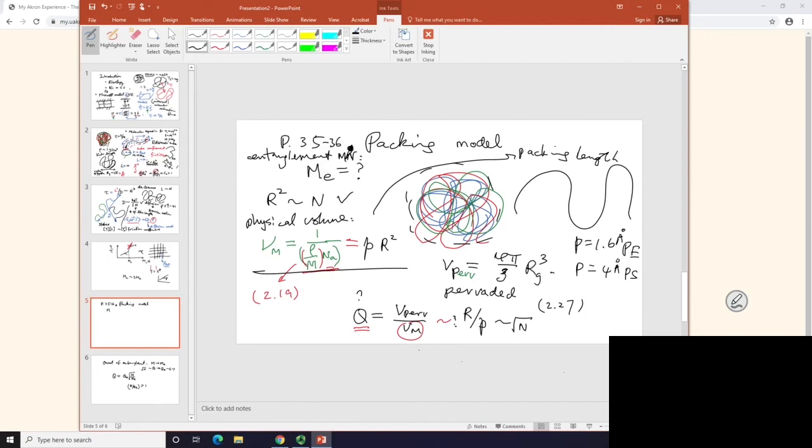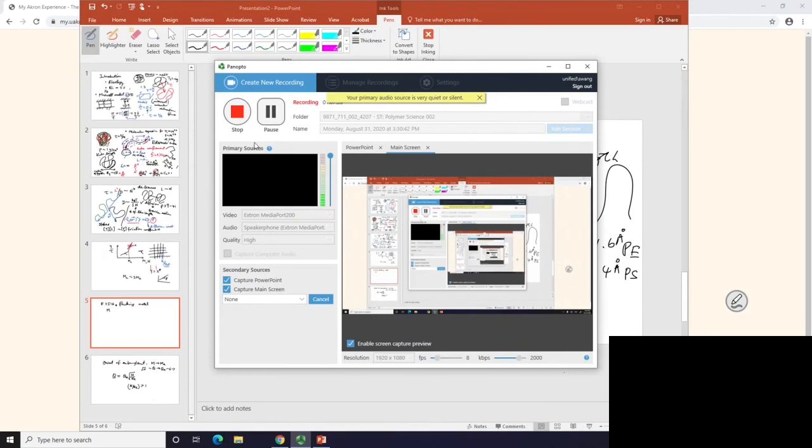These two are nearly the limits, and everything is in between. If you have a copolymer, it depends on how often you put some side chain there, so it's an average sense. Okay.